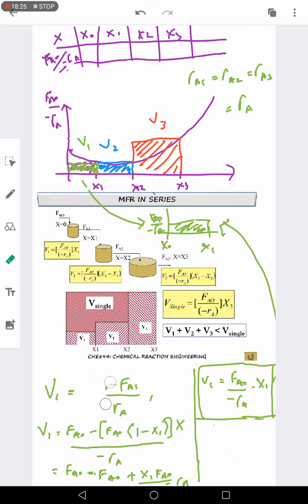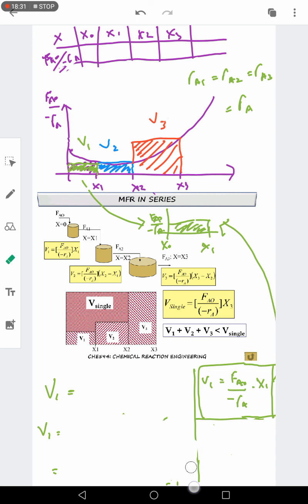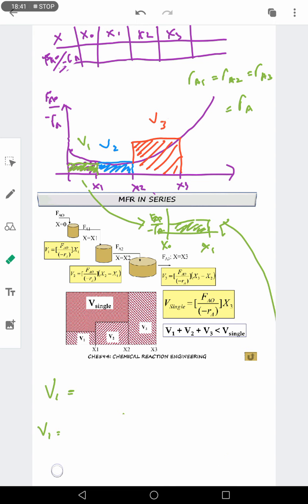Okay, let's have a look at the second reactor. I'll just show until the second reactor. The third reactor you do on your own, because I got feedback that the video should be actually less than 20 minutes, so I'll try to make it around 20 minutes. Okay, V2.